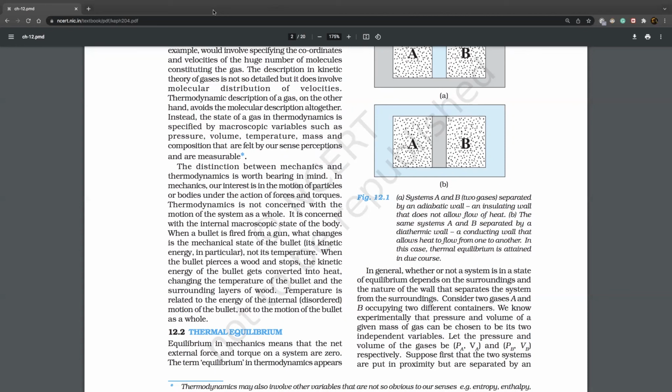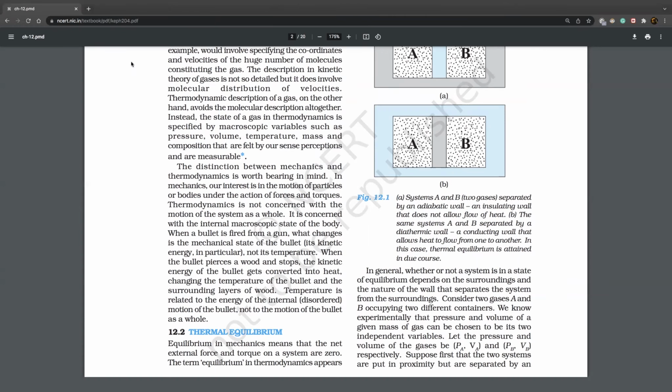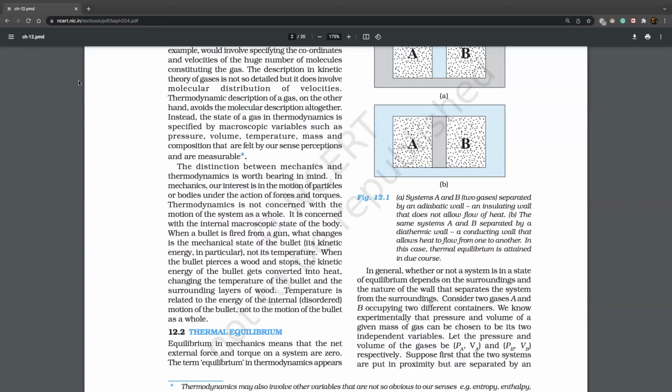Equilibrium in physics means that the forces acting on a system are zero, or they cancel out. The net force on a system is zero. In chemistry, equilibrium means you can't notice any observable change in the system.